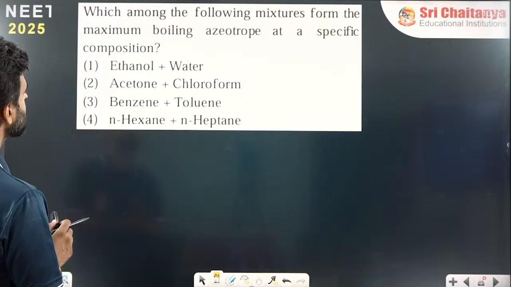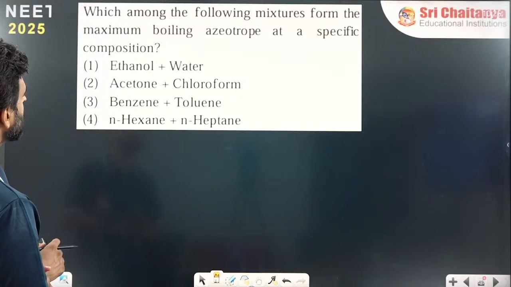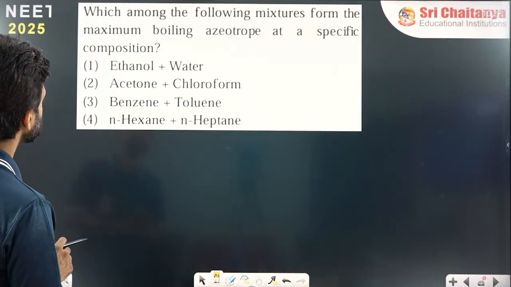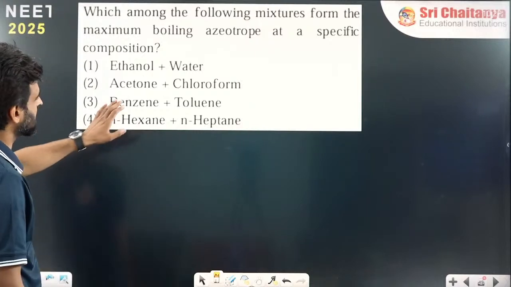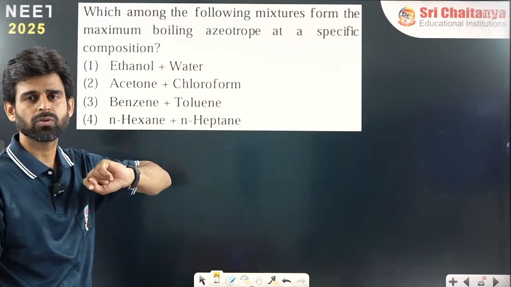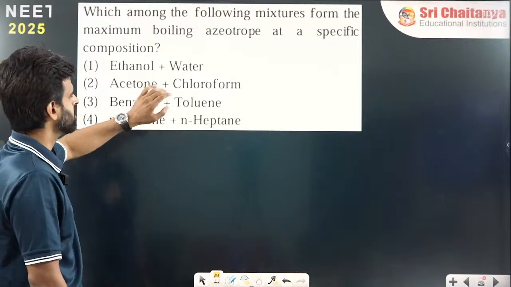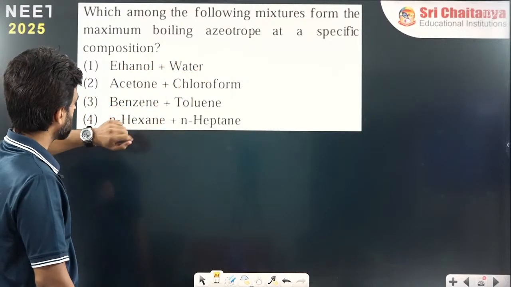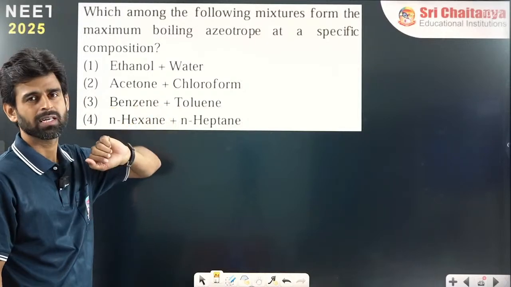Which among the following mixtures forms the maximum boiling azeotrope? Okay, so you see very clearly alcohol plus water always makes a positive deviation solution, right? So that's why it will make a minimum boiling azeotrope. Benzene plus toluene makes which one?